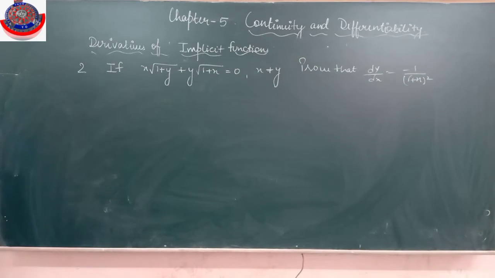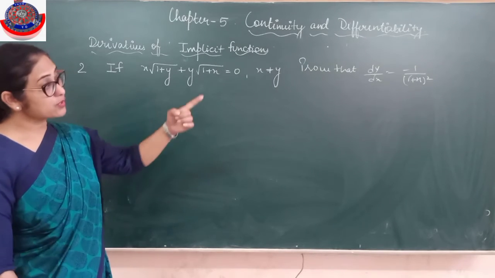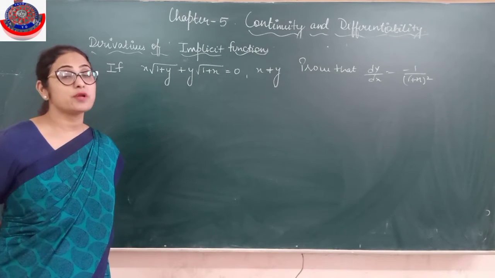Minus 1 upon 1 plus x whole square. Alright. See, if I think about this question, what I need to prove is that dy upon dx is equals to minus 1 upon 1 plus x whole square.